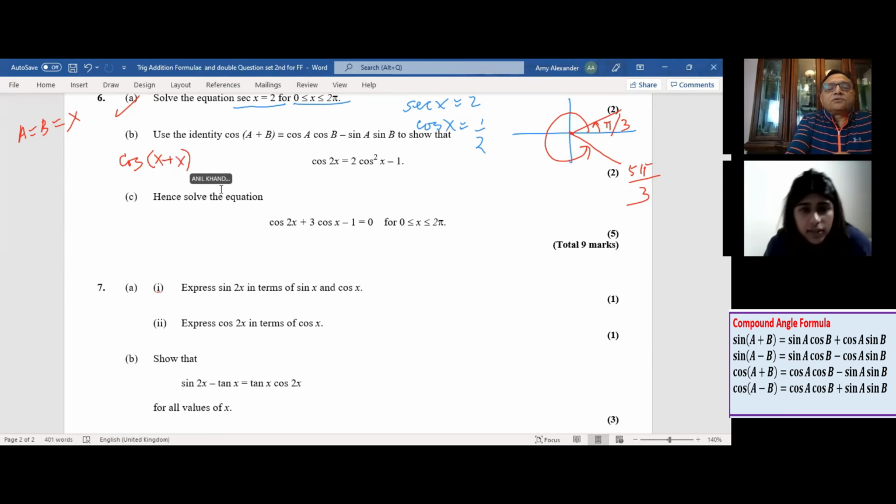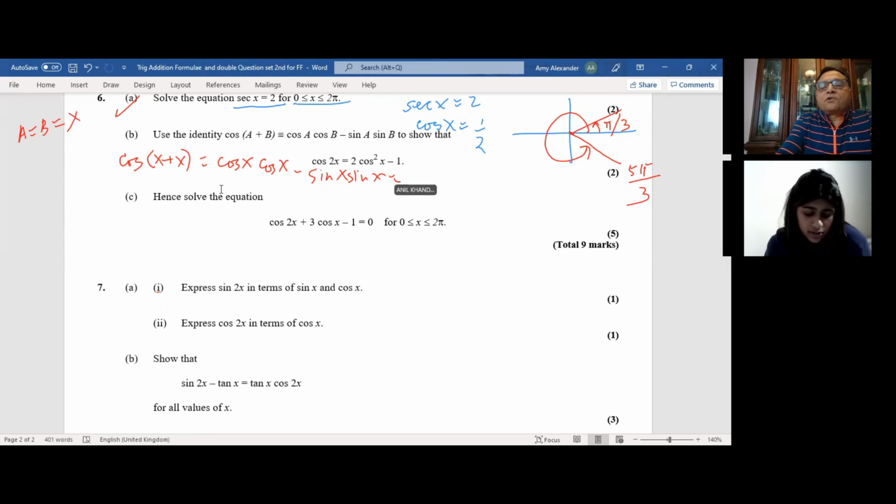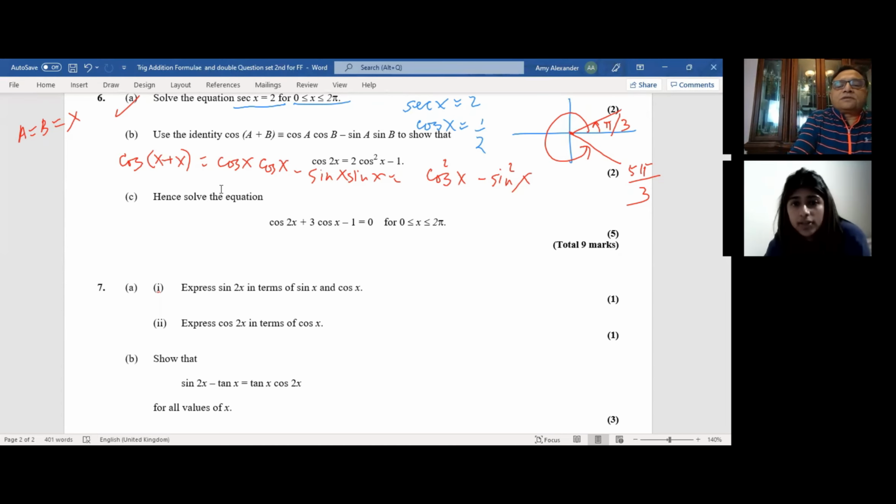So you get cos x cos x minus sin x sin x, which is cos squared x minus sin squared x. And now substitute sin squared x as 1 minus cos squared x.